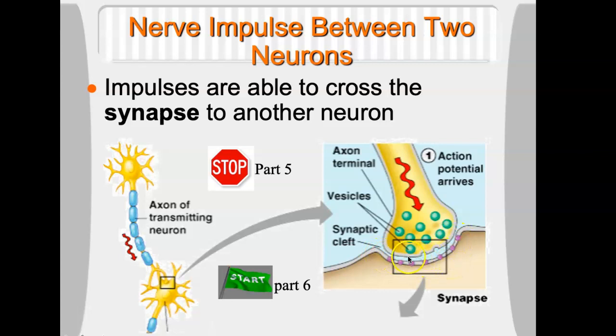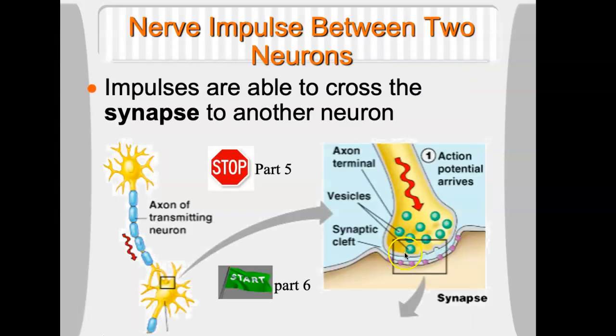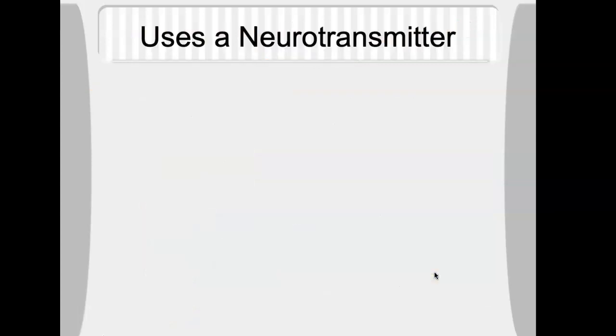That little tiny space is drawn here as if it were pretty big, but it's not really. It is the region where now not only electrical activity is transmitted, but chemical. So we're going to have chemical activity coming into this synapse, stimulating the next cell to now depolarize.